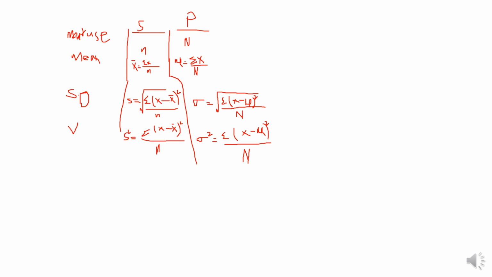For the standard deviation, we have a square root in both formulas, for the sample and for the parameter. And the last one is about variance. For variance, we shift the square to the left side. So both the formulas are quite the same.